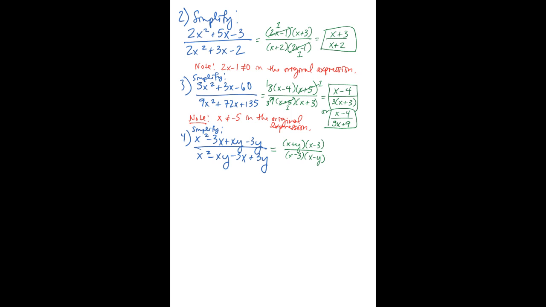And we notice x minus 3 and x minus 3 can each be divided by x minus 3 to get 1. So we get x plus y over x minus y as a simplified version. And again, we just note that it couldn't have x equal to 3 in the original expression.